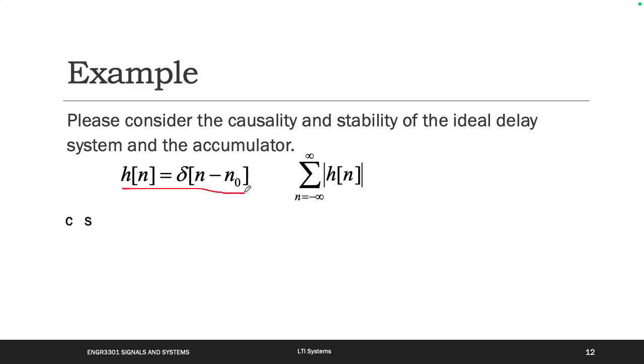For this delta[n minus n0], this is h[n], and no matter what h[n] is, it has only one value at the specific n0, am I right? So if you add them together, it must be 1. It is smaller than infinity, so is it stable or not stable? Yes, it is stable. How about this one?